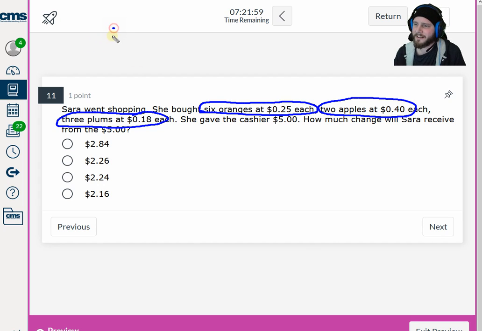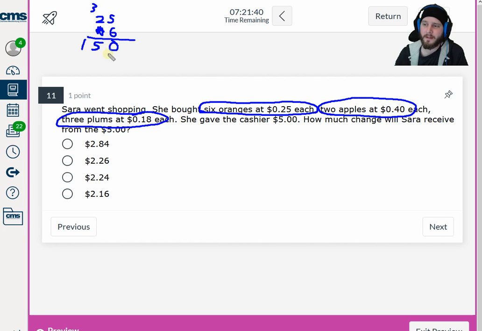We've got 6 times 25 cents. Well, I'm just going to write 6 times 25 since I know my answer should have 2 decimal places in it. 6 times 5 gives me 30. 6 times 2 gives me 12, plus 3 is 15. And I know there should be 2 decimal places. So for my oranges, that is $1.50 that she spent.